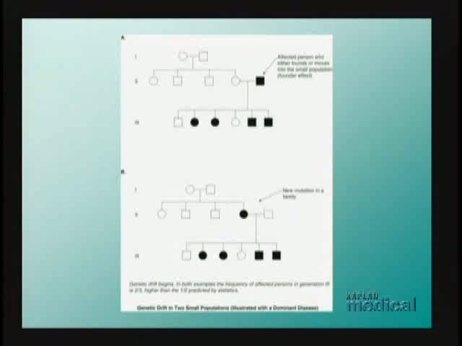If that person who founds that population carries a mutation, when that person passes the mutation along to the children, because he has a relatively small number of children, he may accidentally have more children than you would predict by chance alone who have received the mutation from him.